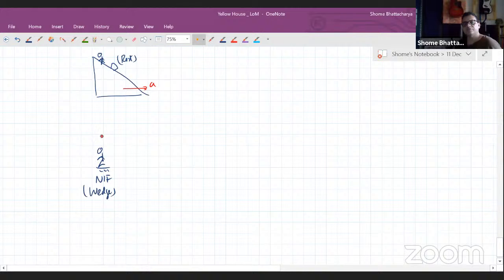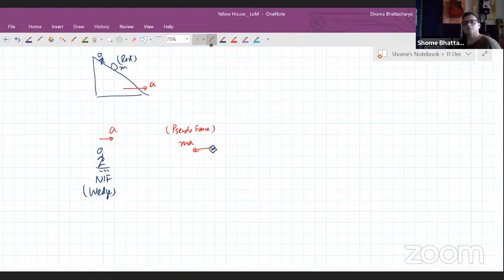Because that frame is moving with an acceleration A, the block will first of all experience a pseudo force, which will be small m into A, because its own mass is small m. So its mass into the acceleration of the frame. So this is your pseudo force. Okay.